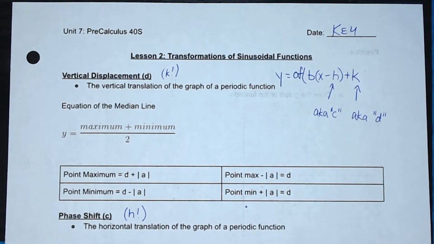Now, some things to keep in mind is that the sine and cosine base functions have a general shape and range. Their domain is negative infinity to positive infinity unless it's restricted.